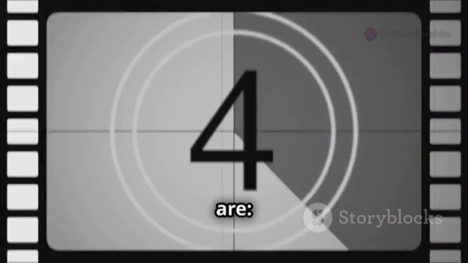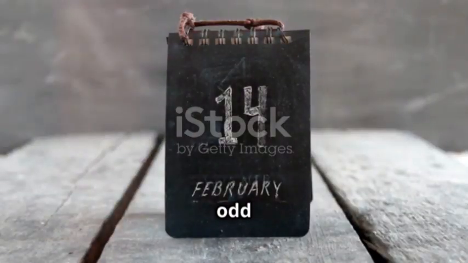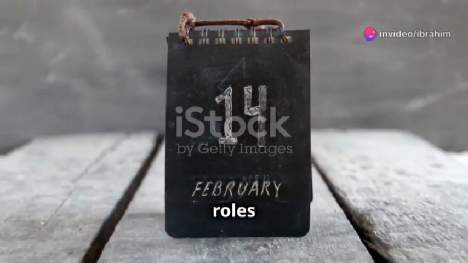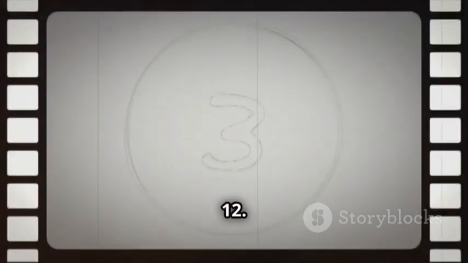1. Basic prime numbers. The numbers are 2, an even prime, 3, a small odd prime, and 7, a large odd prime. Their roles are adding them: 2 plus 3 plus 7 equals 12, which gives us the key number 12.